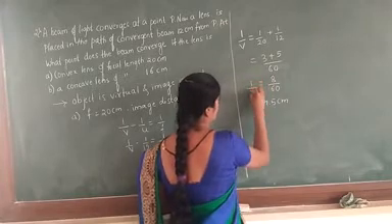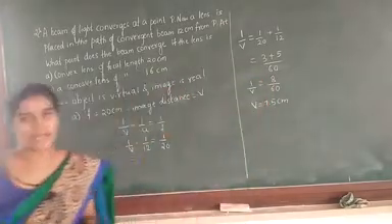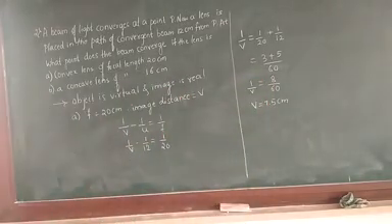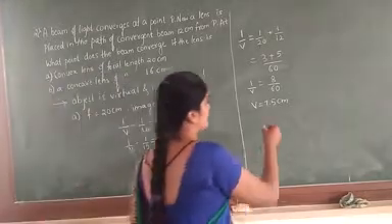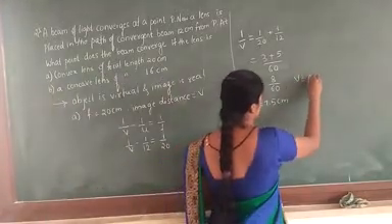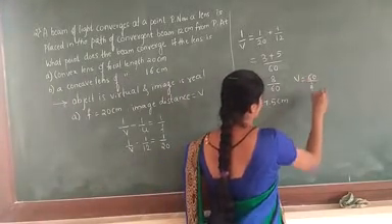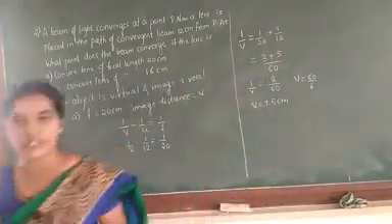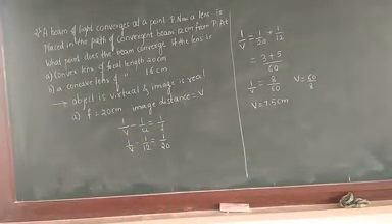Here we get 1 by v is equal to 8 by 60. When we calculate v, we get the answer 7.5 centimeter, or this can also be written as v is equal to 60 by 8.